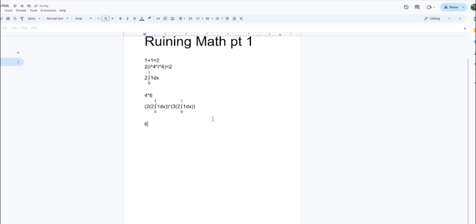But I haven't planned exponents, so let's try doing that. 6 to the 5th power. That's 6 to the 4 times 6, which is 1296 times 6. I'm not calculating that.